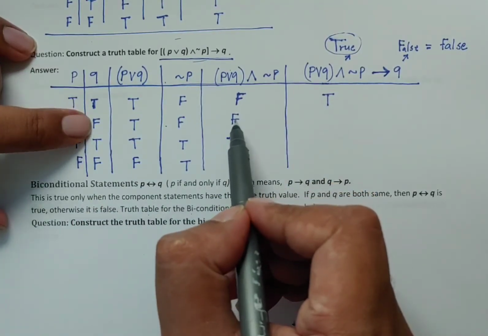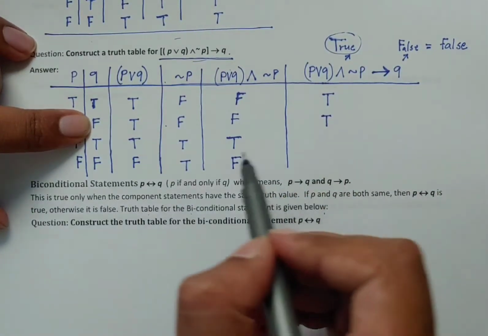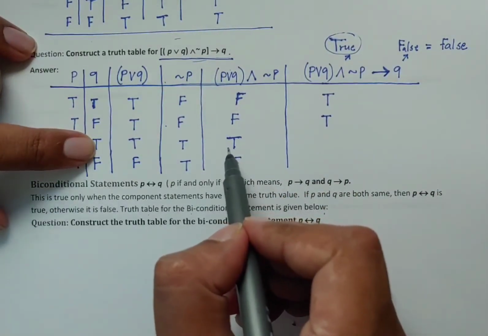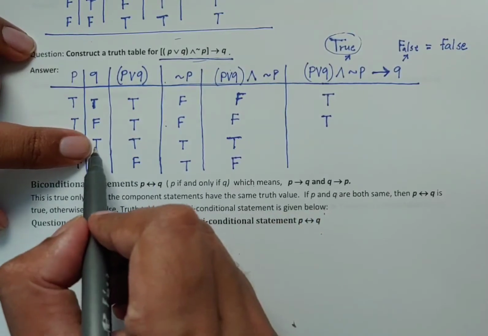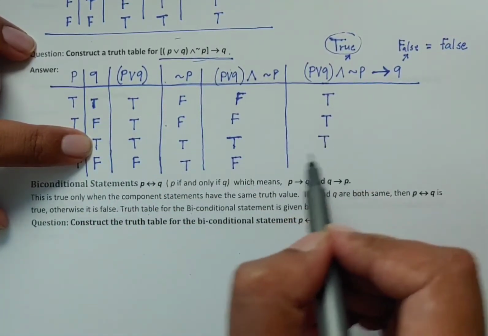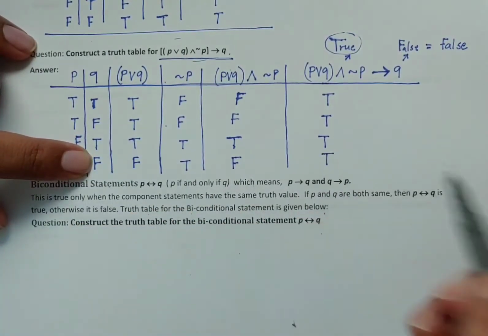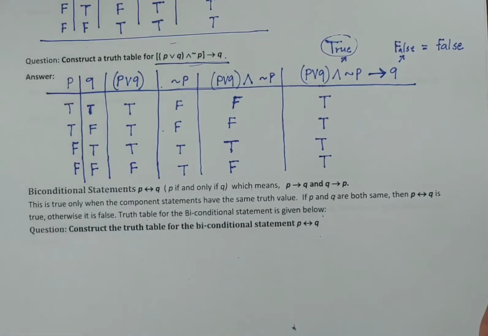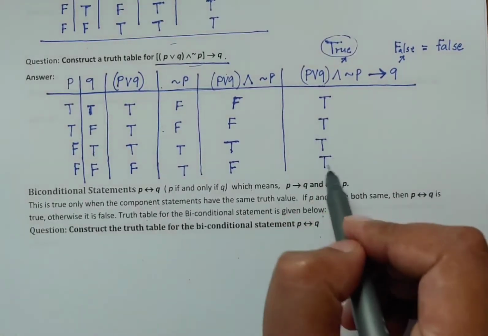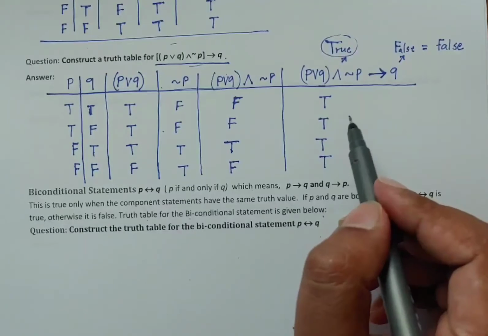Now false implies false is true. True implies true is true. False implies false is true. Okay, so here is no false. All truth values are true.